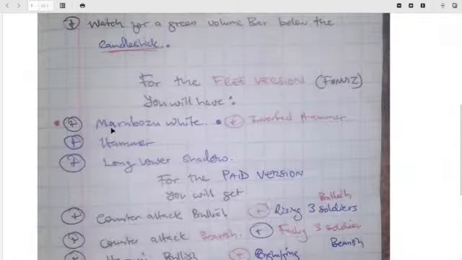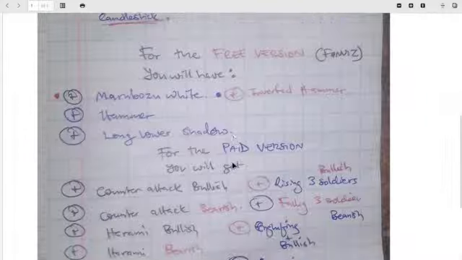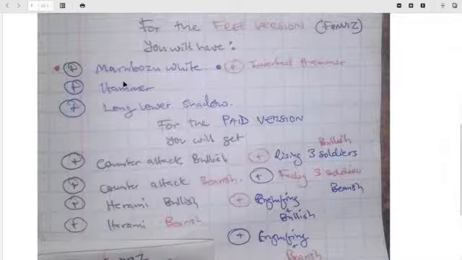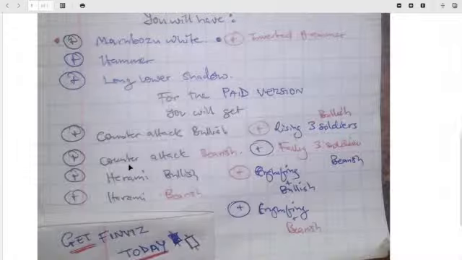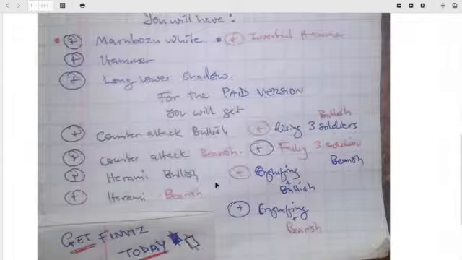So with the free version, you will get the Marubozu White, the hammer, the long lower shadow, inverted hammer. You also get the spinning black top. You get the spinning white top, which is what we're experiencing just now. But for the paid version, you get all of the above plus more, and the more is the counter bullish attack. You get the counter bearish attack, the bullish harami, bearish harami, bullish engulfing, bearish engulfing.